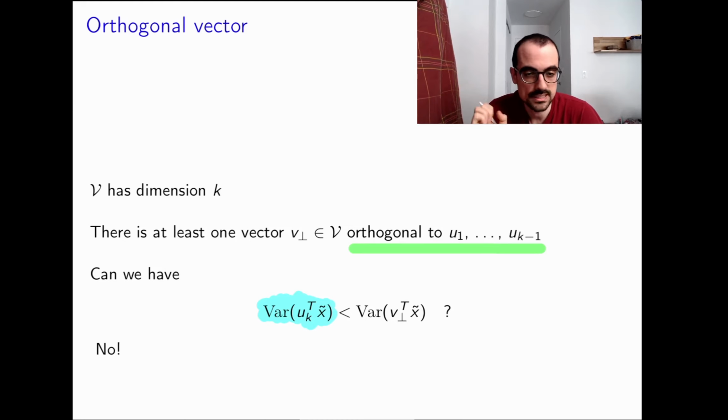Okay, so this is going to be super useful. The variance in the direction of this vector that is inside our subspace of interest cannot be larger than the variance in the direction of uk.